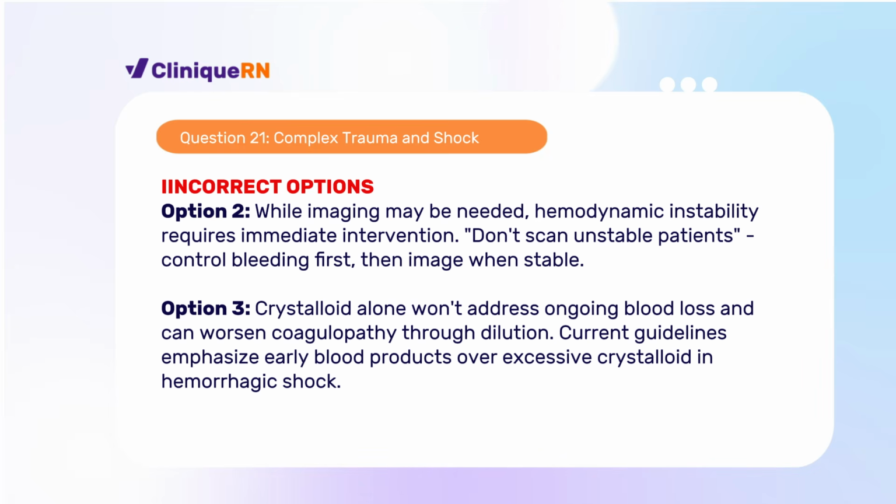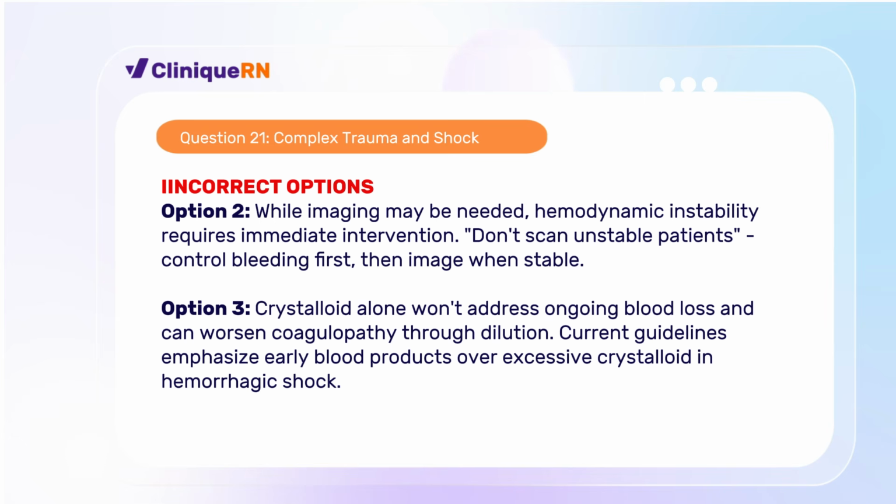Option 2. While imaging may be needed, hemodynamic instability requires immediate intervention. Don't scan unstable patients. Control bleeding first, then image when stable. Option 3. Crystalloid alone won't address ongoing blood loss and can worsen coagulopathy through dilution.